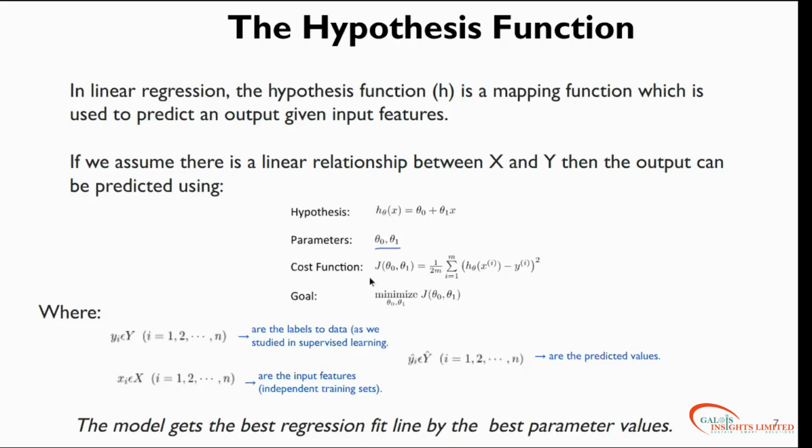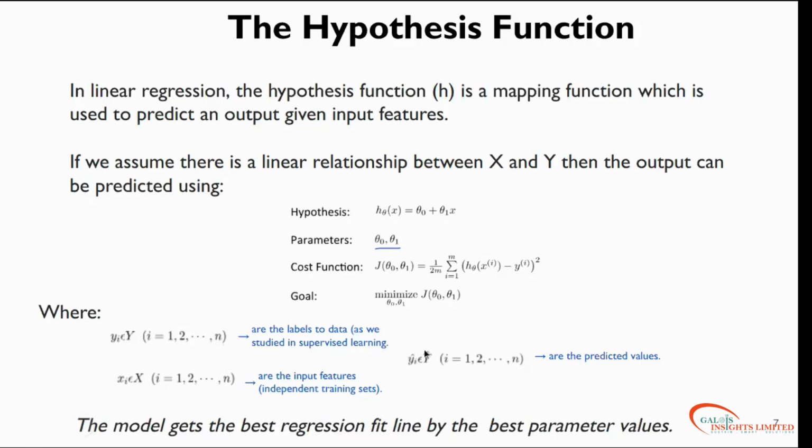As I mentioned earlier, your yi values are a subset of your bigger y, which refers to the labels of the dataset. Your x values are your input features, ranging from 1 all the way to m.